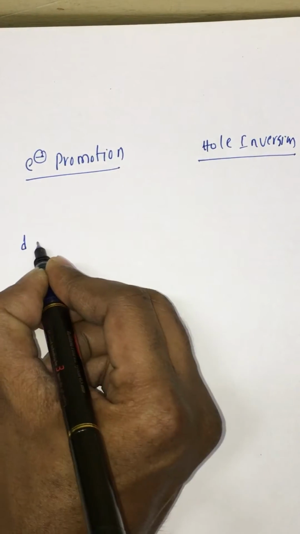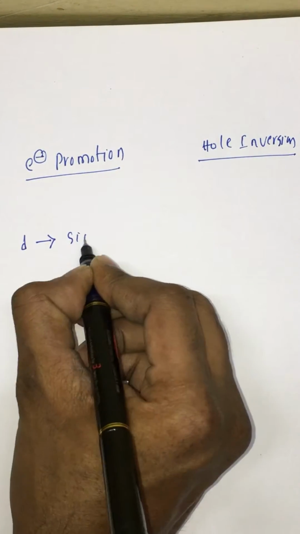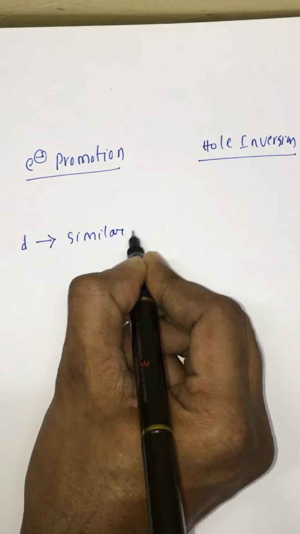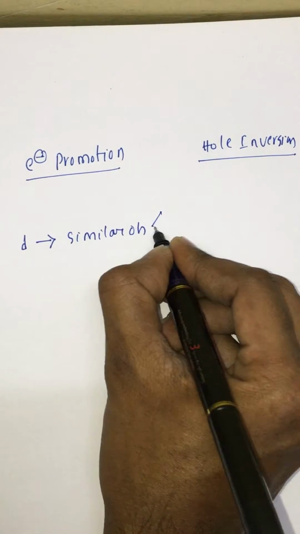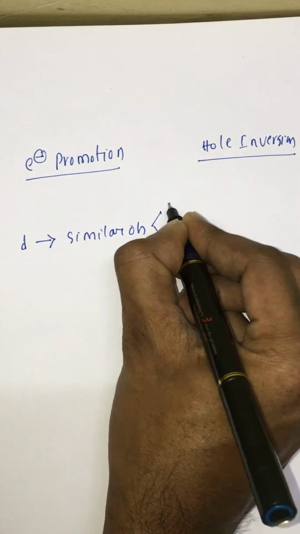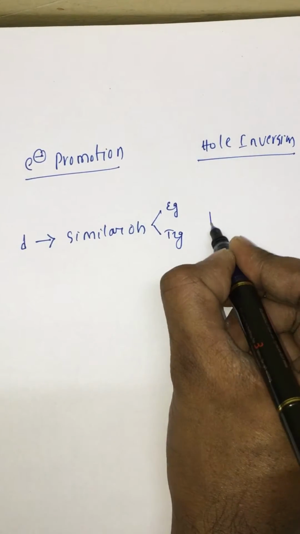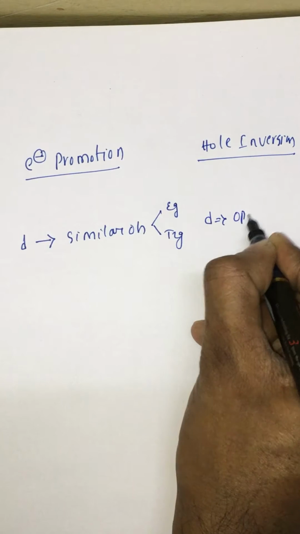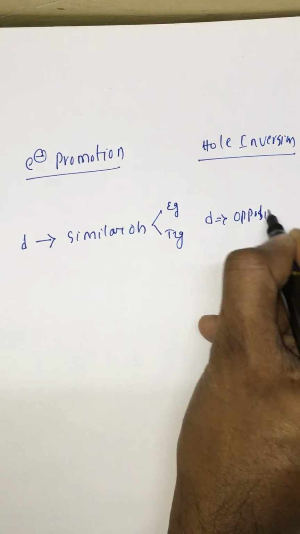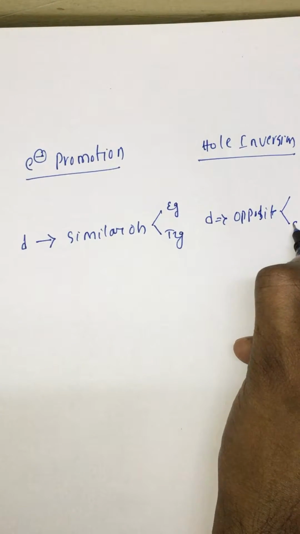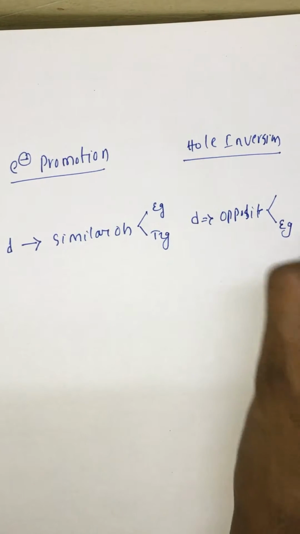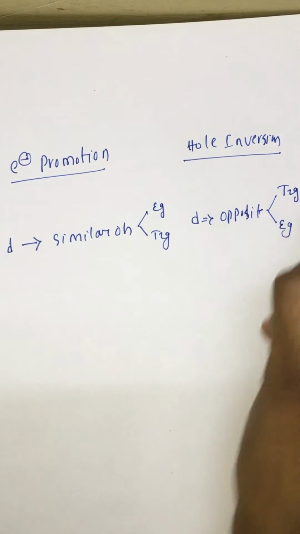For complexes which show electron promotion, the d orbital splitting will be similar to octahedral, meaning this is T2G and this is EG. And for compounds which show hole inversion, the d orbital splitting will be opposite. That means EG comes here and T2G comes here.